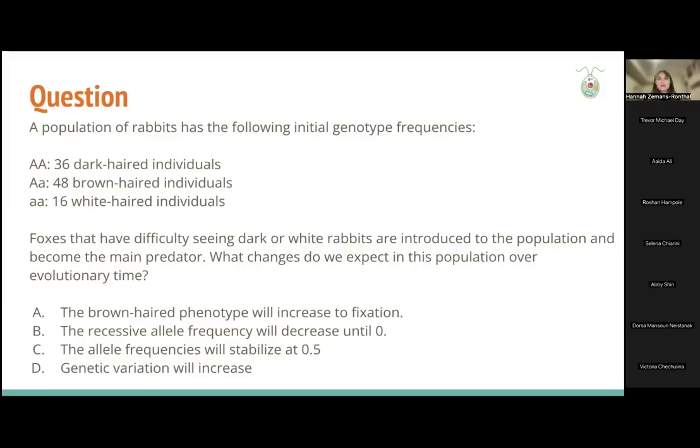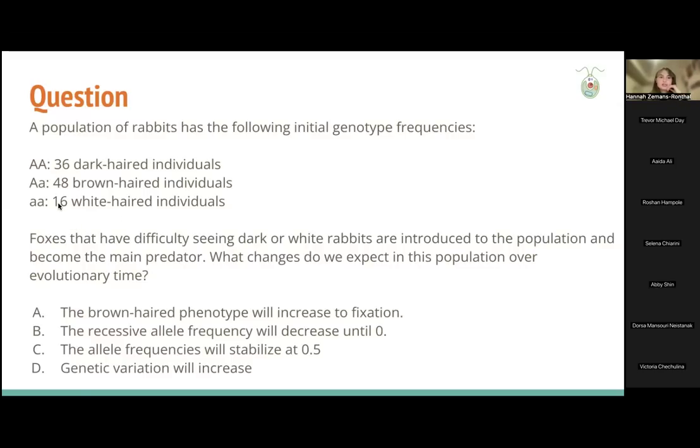And if you can recall from the table or from what we just went through, homozygote advantage causes the rare allele to decrease to zero. Because the rare allele in this case is going to be the recessive allele, and you can tell that intuitively. If you wanted to calculate this, you definitely could.